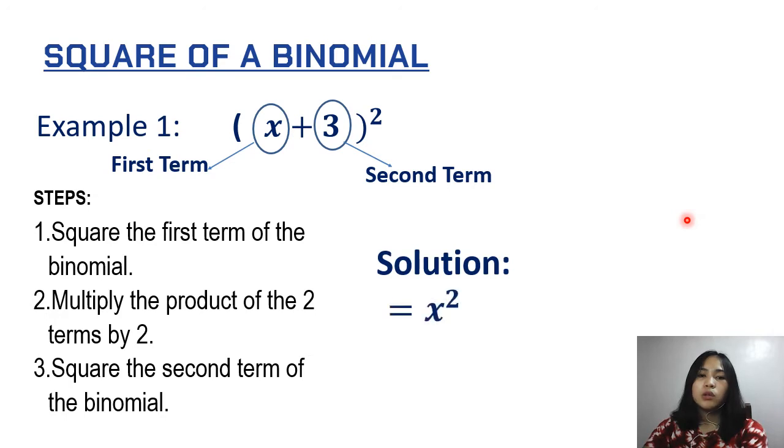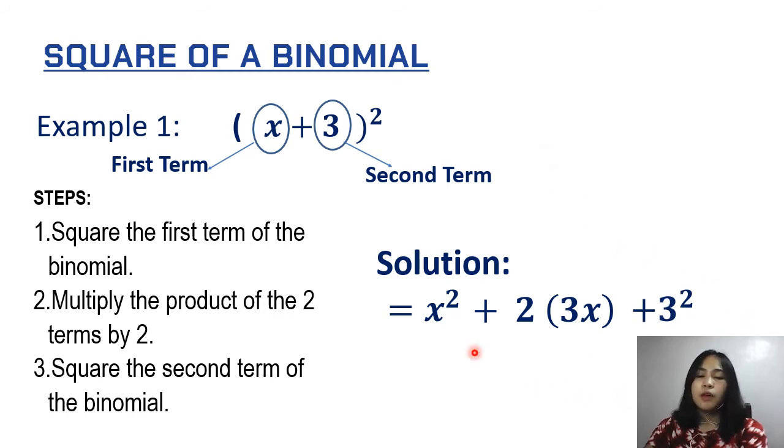Now, solution, first step, square the first term. So we have x squared. Now, multiply the product of our two terms by 2. So we have 3x multiplied by 2. And now we have to square the last term or our second term.